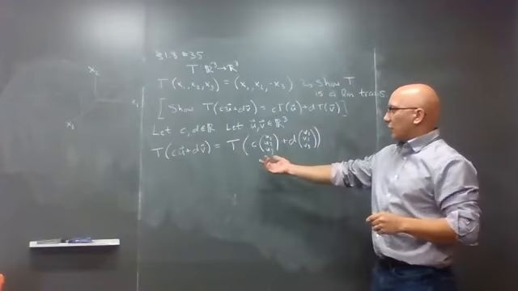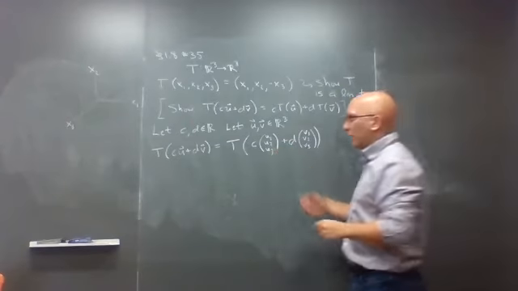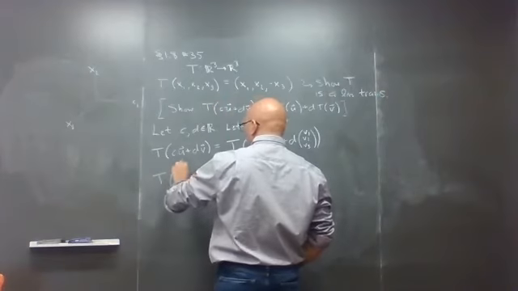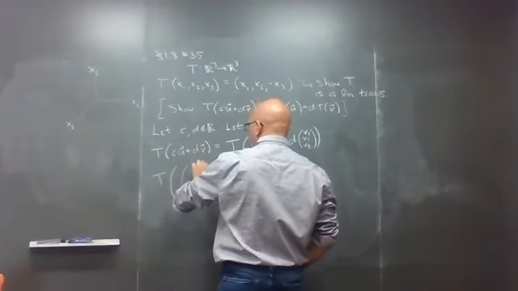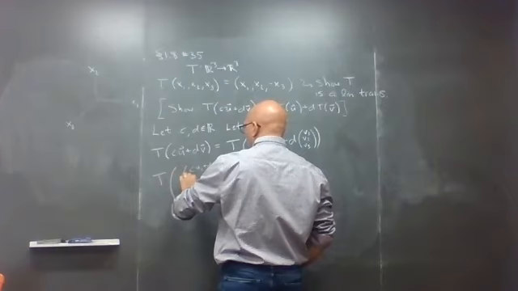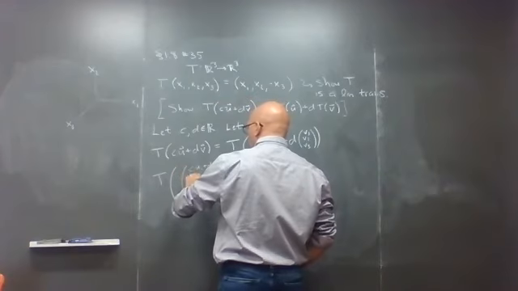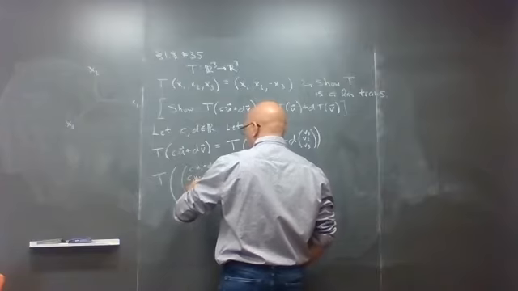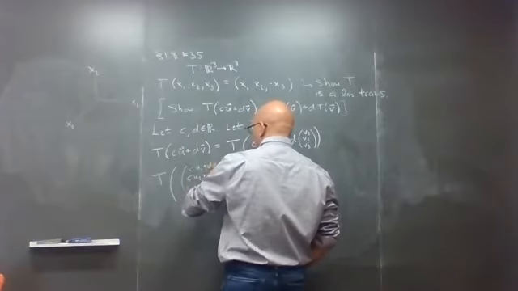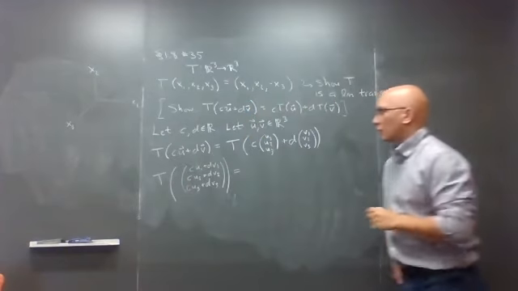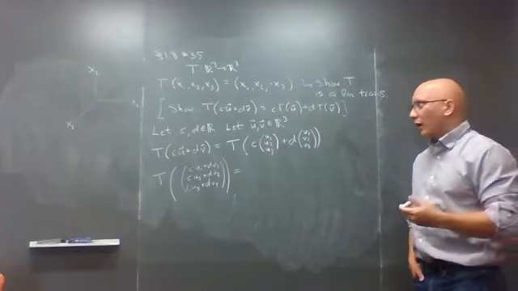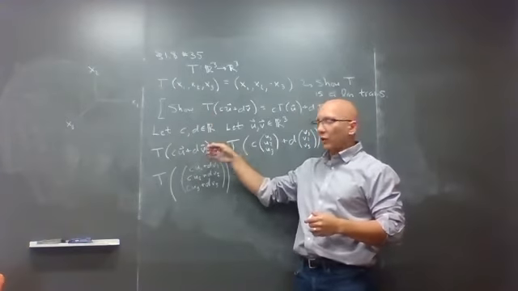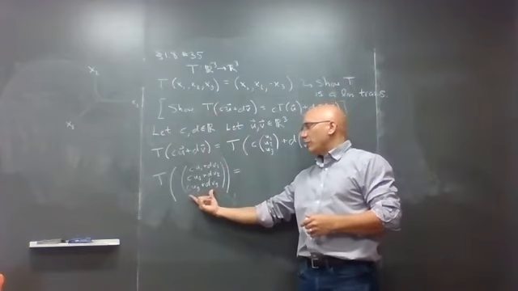Because I want to apply the transformation, let me combine all of this into one big vector. So this is T of cu1 plus dv1, cu2 plus dv2, cu3 plus dv3. What I've done is rewrite u and v, these arbitrary vectors, as their components, and then collect them together into one big vector.